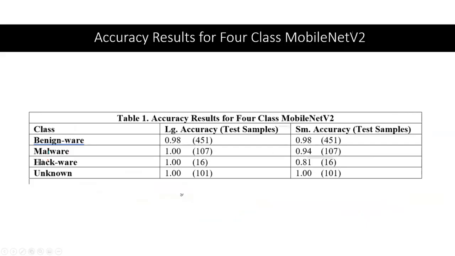So finally, this is the sort of obligatory table of results. And these are our classes: benign, mal, hackware, and unknown. And we're first using the large files, meaning more overrepresented classes of malware and hackware. And clearly, we're anywhere from 98 to 100% accurate on these 4 classes in the large sample.